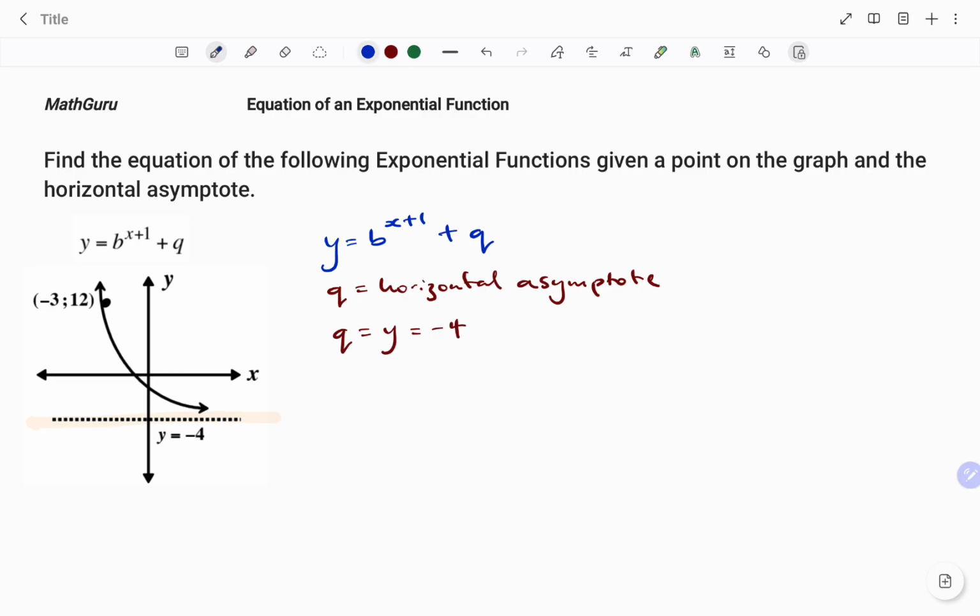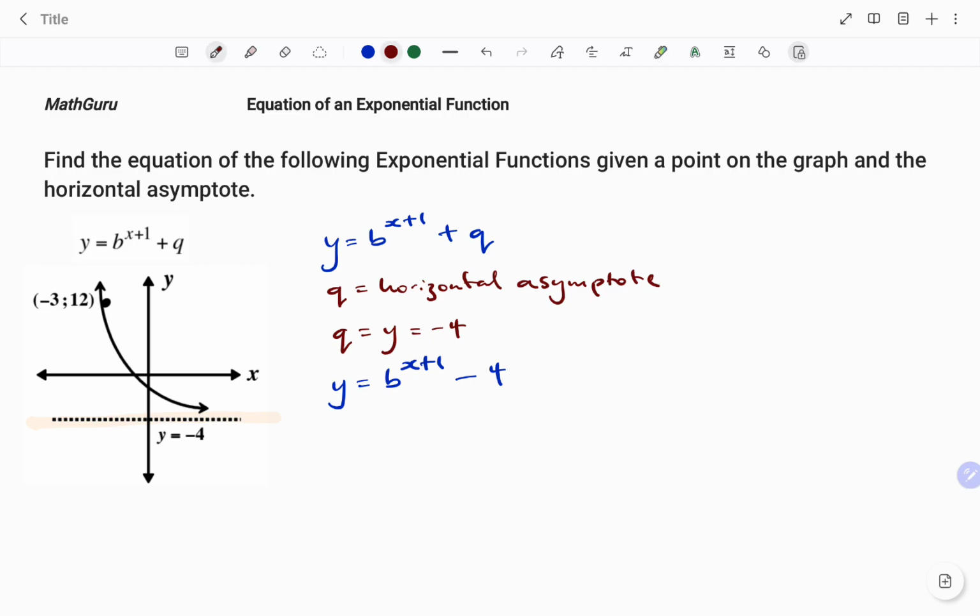So if I rewrite my equation, it's going to be y equals b to the power of x plus 1 minus 4. The next step, I'm going to substitute a point on the graph, which is -3 and 12, into the equation in order to find the value of b.